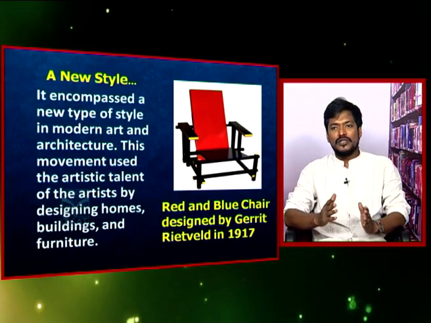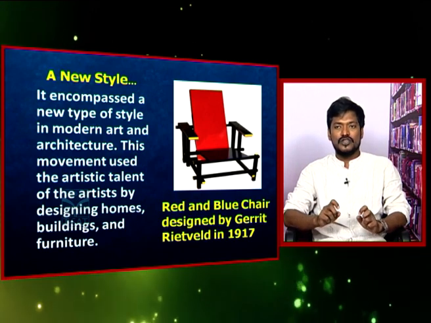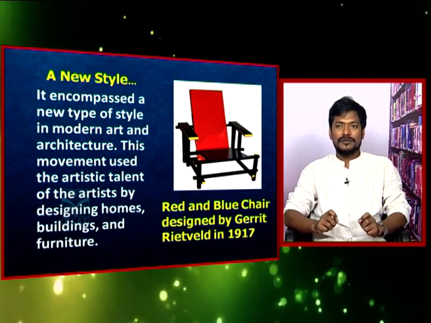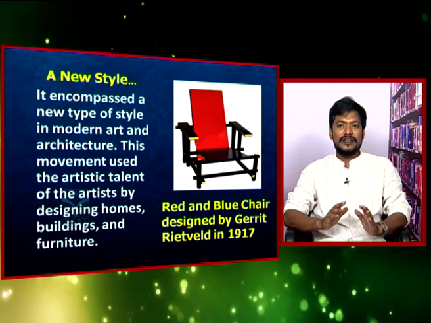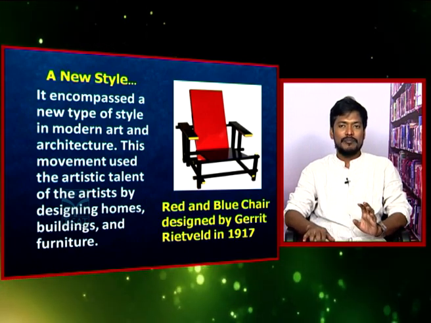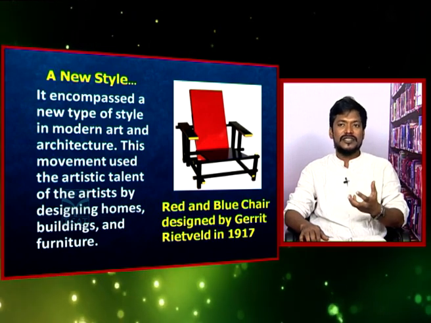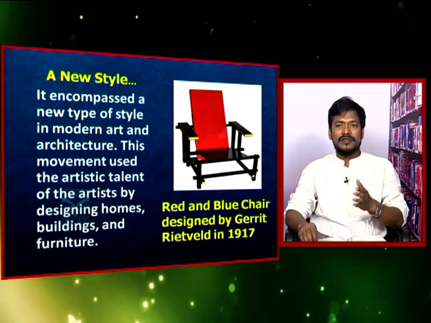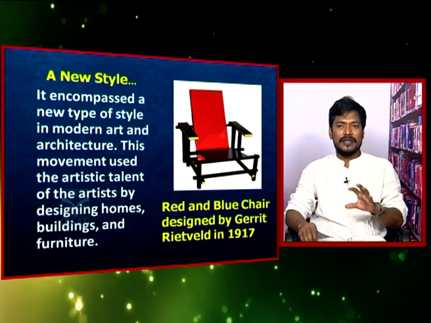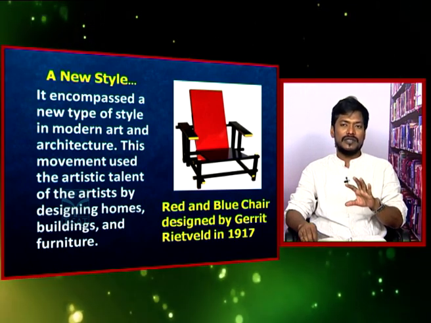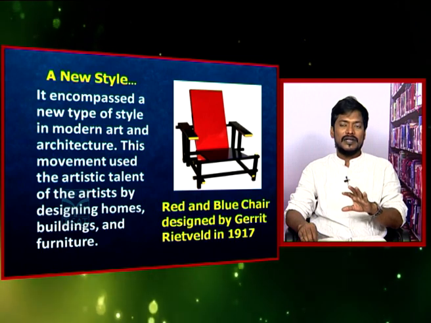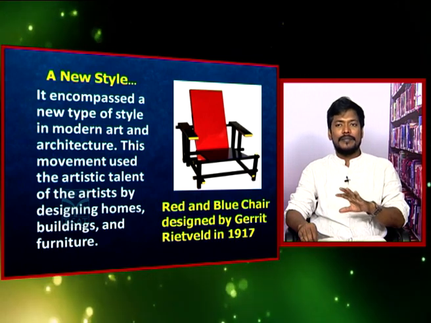It is again designed using geometric shapes, right? Flat, straight, simple geometric shapes, but the entire chair is activated by using color, the primary colors, again very close to what Mondrian uses, the primary colors and the paint used.